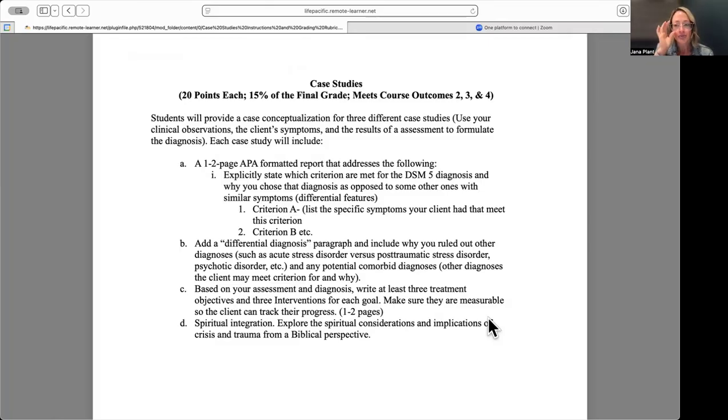Now, it's super important that you recognize DSM symptoms that sometimes translate in layman's language, because you're going to have a client that's going to come in and they're not going to say, I have hypervigilance, I have intrusive thoughts. They're going to use regular language.